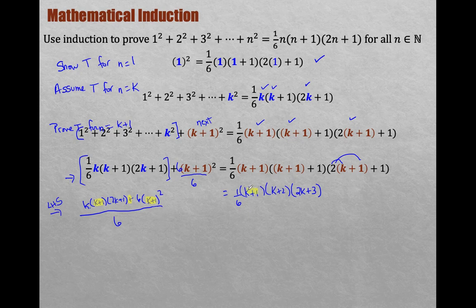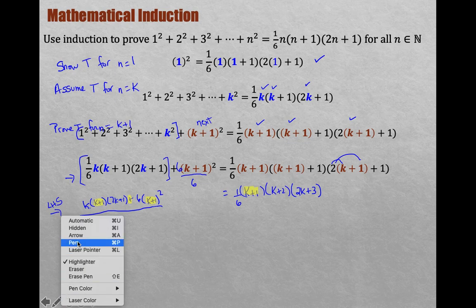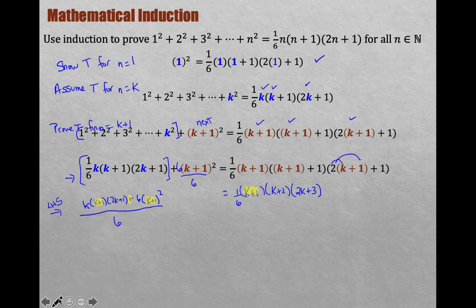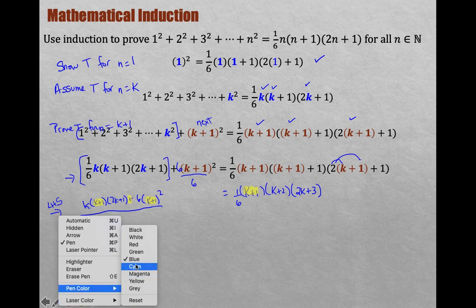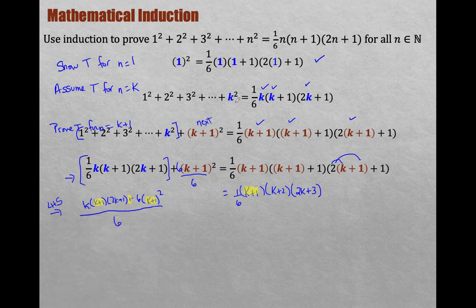And notice one of the factors that I want is a k plus 1 on the right-hand side. So I think I'm going to pull out the 1/6 and the k plus 1. Boom, boom.